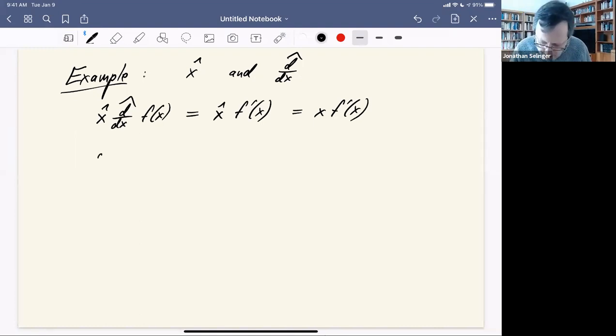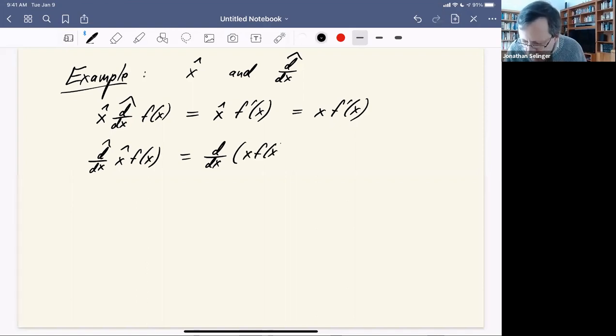By comparison, if we have d by dx acting on x, acting on f of x, this is d by dx of x f of x, right? With parentheses like this. The same way we could have parentheses like that. Okay. So this is a derivative of a product.